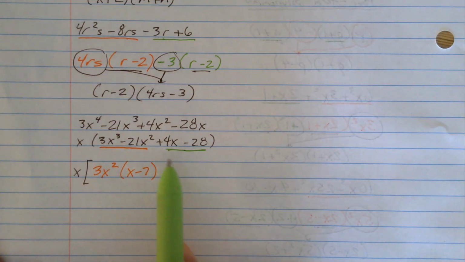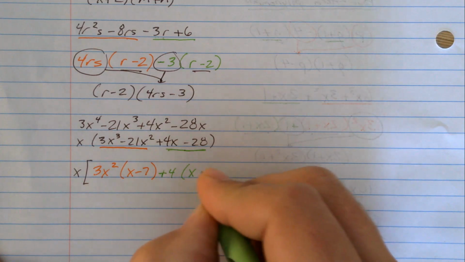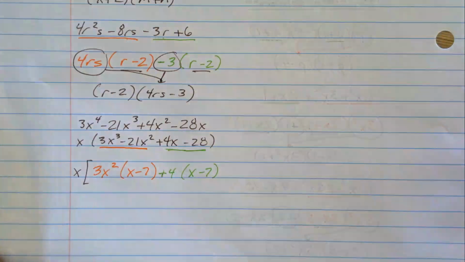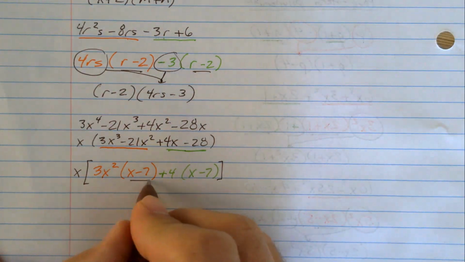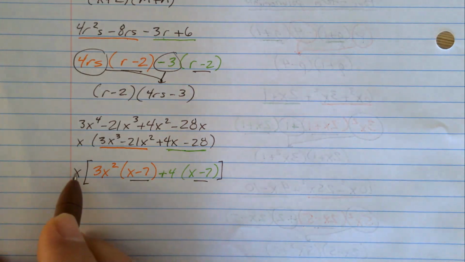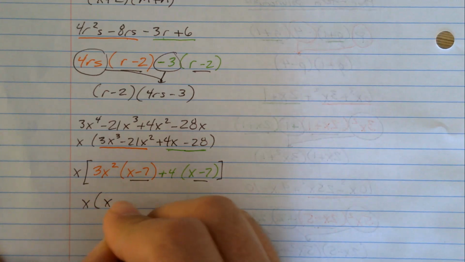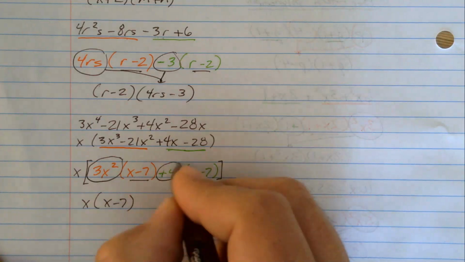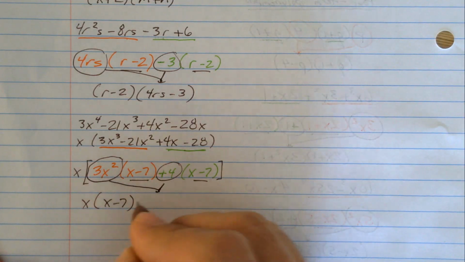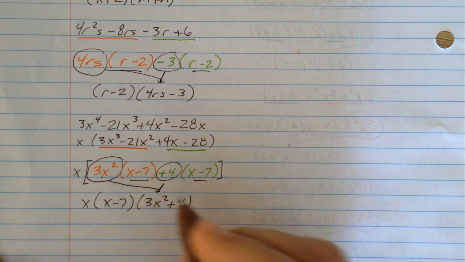The GCF here of 4x and 28 is 4, which leaves us with x minus 7. So now our terms inside are the same. I bring down my GCF x. I have x minus 7. Those are the same.